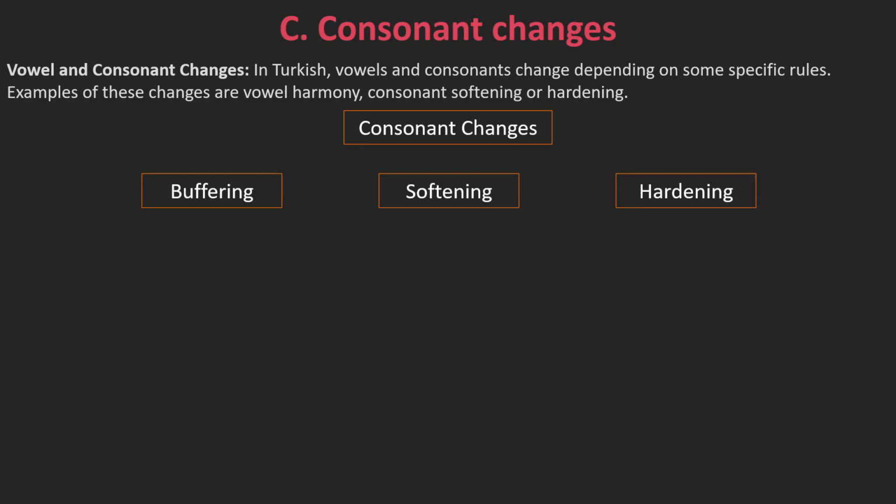So buffering, for example, is all about separating vowels. So I will give them quick descriptions. This is separating vowels. So for example, in the previous example, arabayı, or let's use arabaya to make it more translatable, to the car.